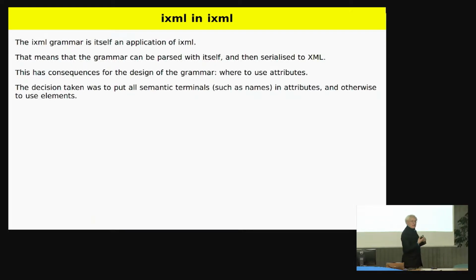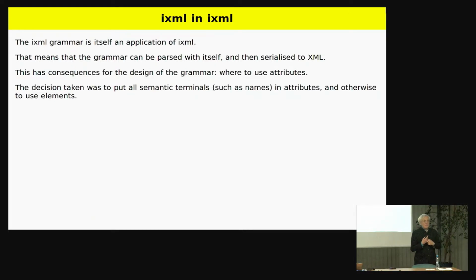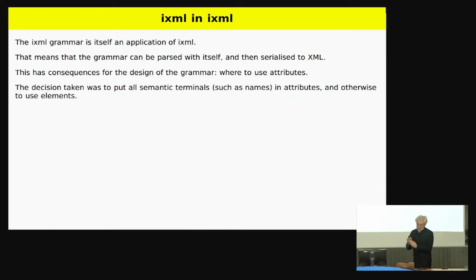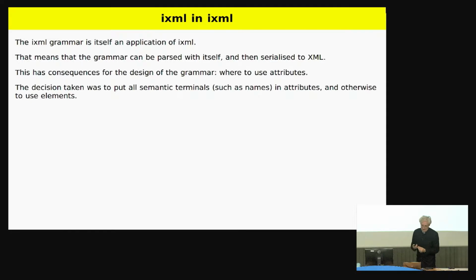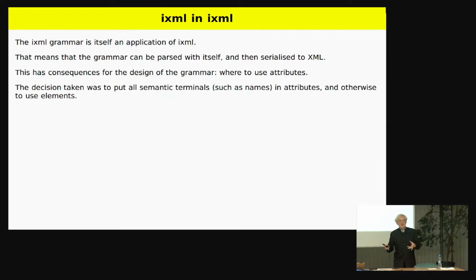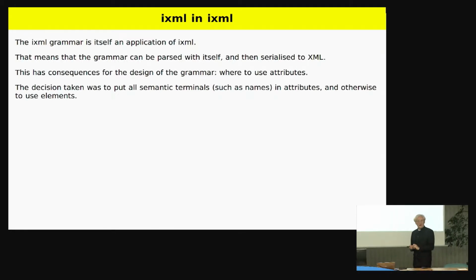Now, as you might have seen, ixml is defined in ixml, which means that we can parse the grammar with itself and then serialize to XML. So in other words, we get an XML version of the grammar of itself. That meant we had to design what the XML parse serialization should look like.